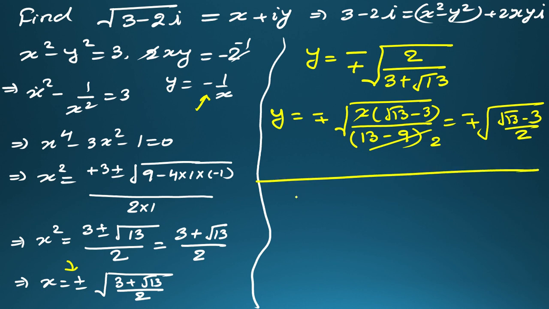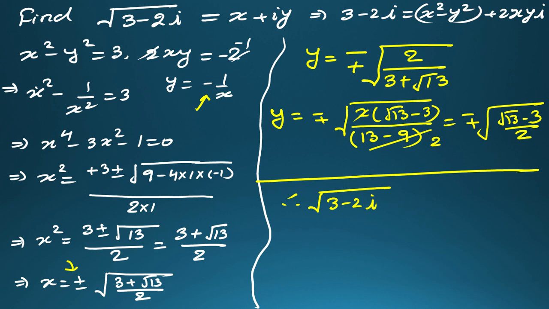So the value of y and value of x we got. Therefore square root of 3 minus 2i will be equal to, now here it is plus minus and here it is minus plus, so I am taking plus minus outside. I will write the value of x here so that I may write it in one line.